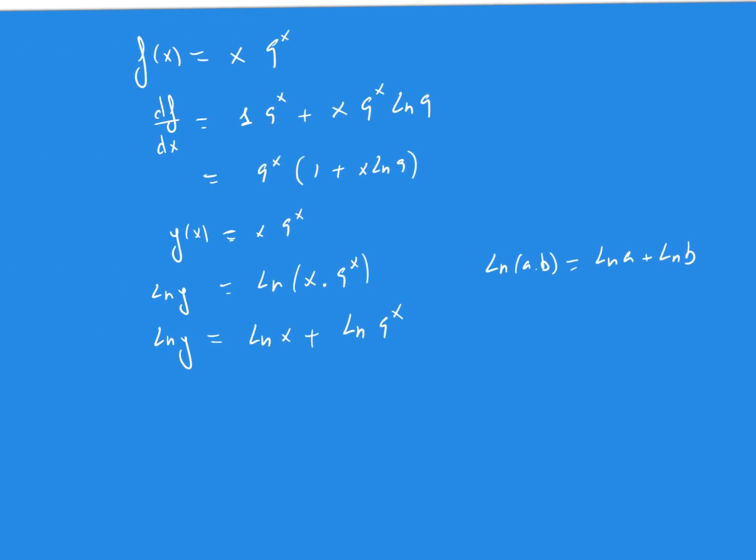Now, instead of taking the natural log, let me do something better. Let me take, in this expression, the log base 9 of y. Log base 9 of y will be log base 9 of x multiplied by 9 to the x.